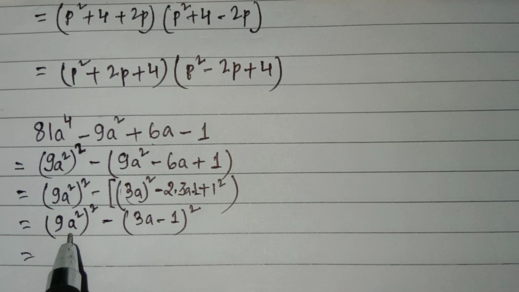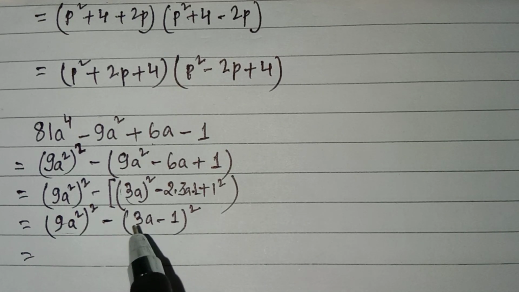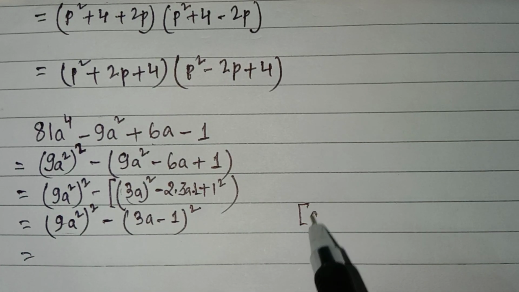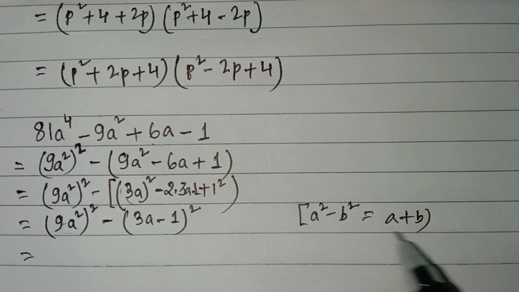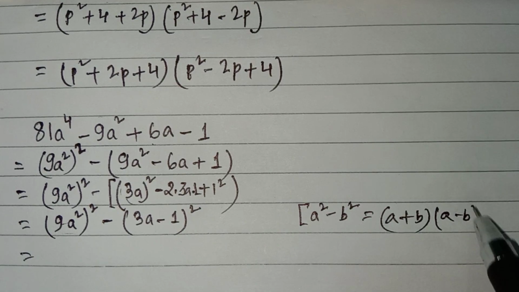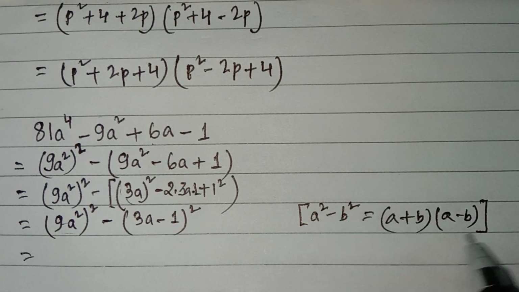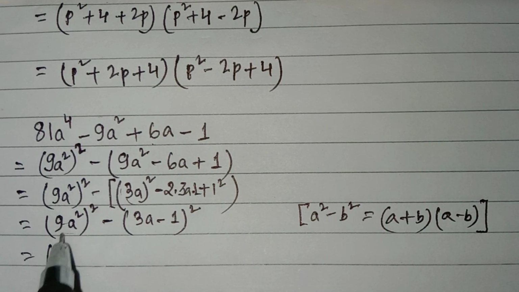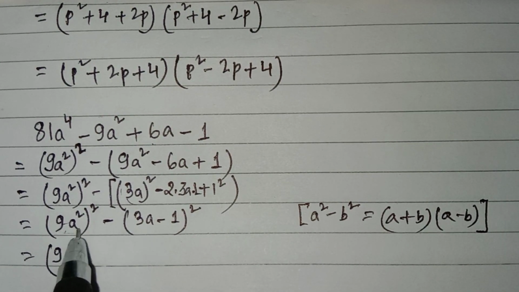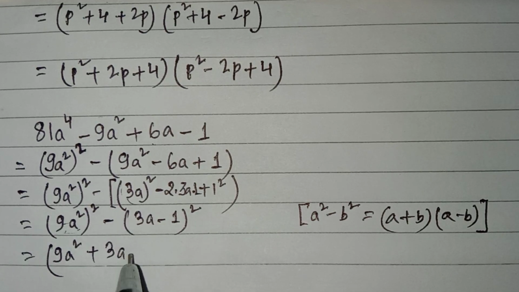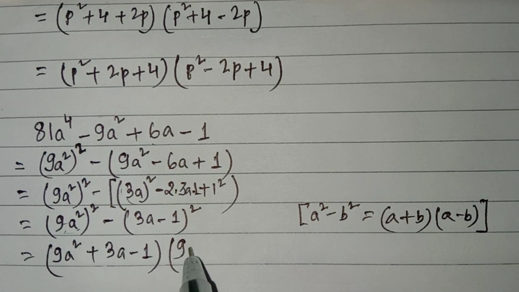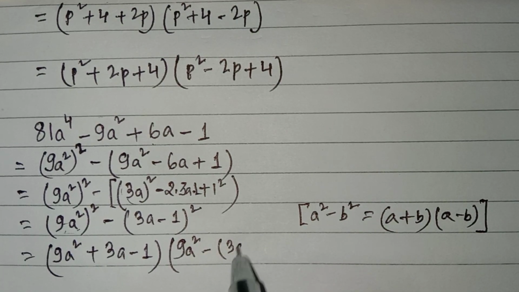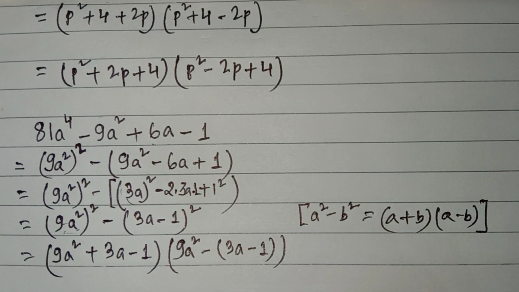That is equal to, now we have the difference of squares, a square minus b square, which is equal to the sum of these two times the difference of these two. So I'm going to apply this here and I get the sum of these two, which is 9a square plus 3a minus 1, and the difference of these two, so it will be 9a square minus 3a minus 1.